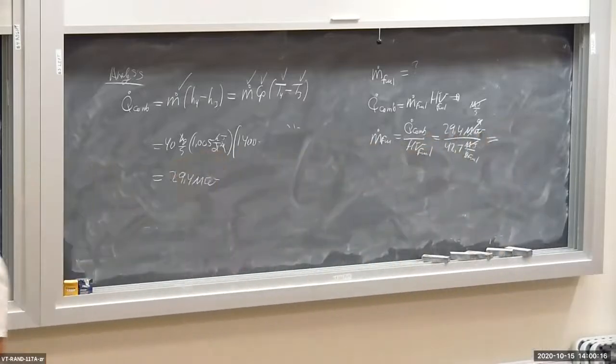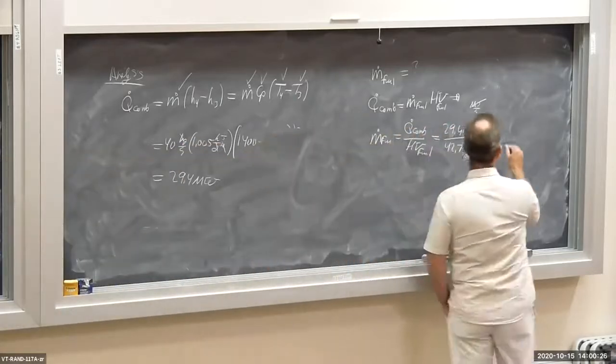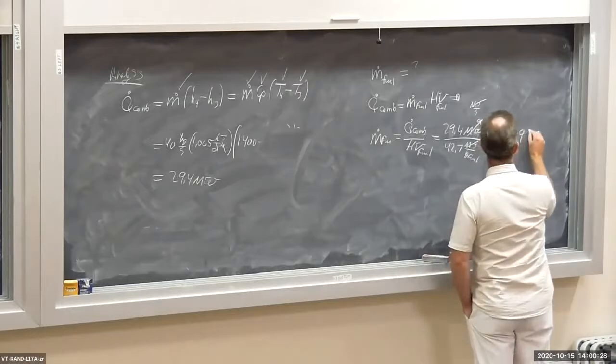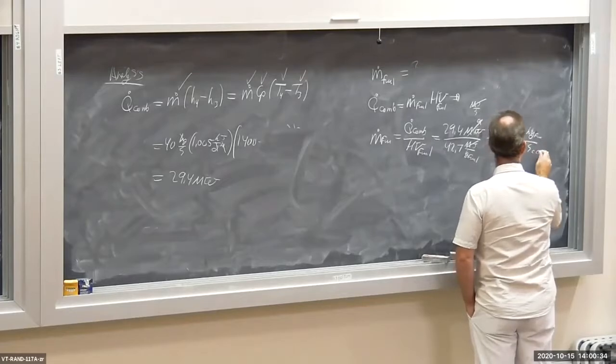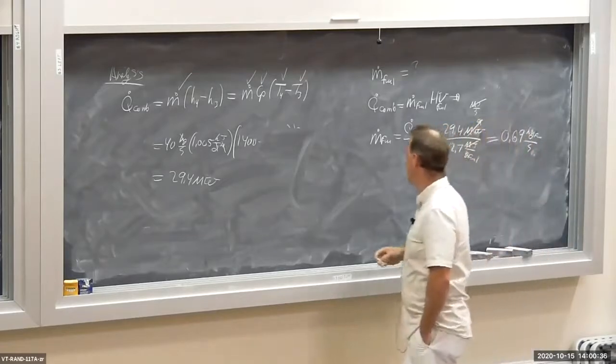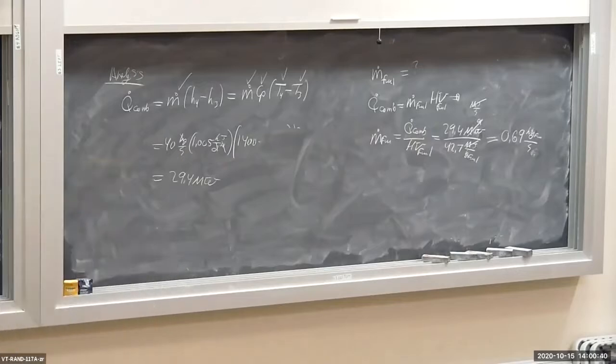So 29.4 divided by the heating value, I get 0.69 kilograms of fuel per second. Basically 0.7.